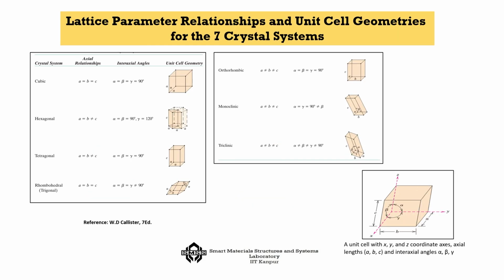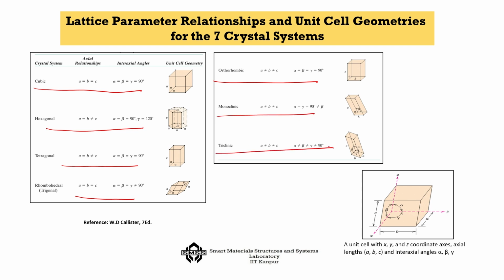Now, I have kept all of them together in one place, so you can keep all these with you: cubic, hexagonal, tetragonal, rhombohedral, orthorhombic, monoclinic, triclinic. These are the basic lattice parameters for the 7 crystal systems. We always say that these are the 7 crystal systems.